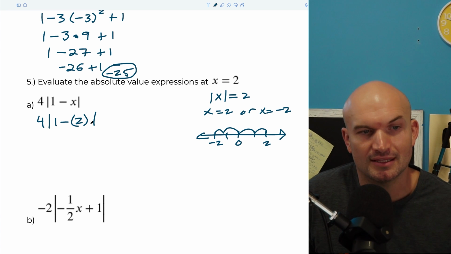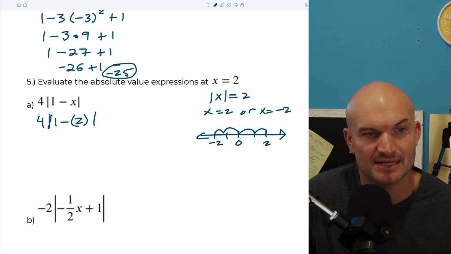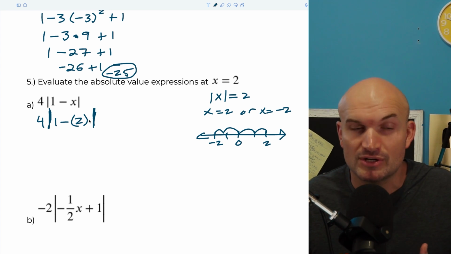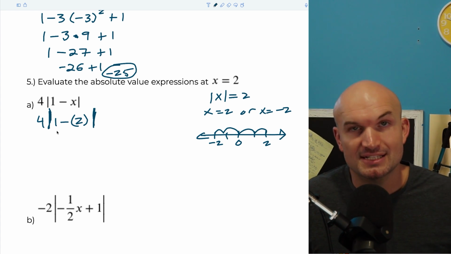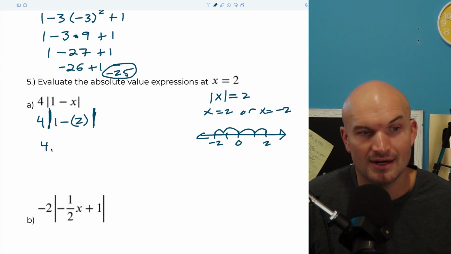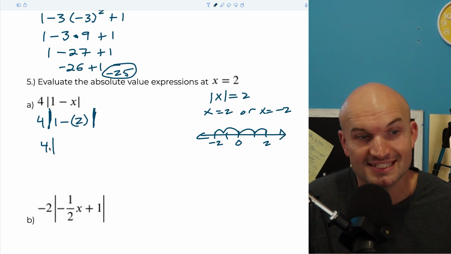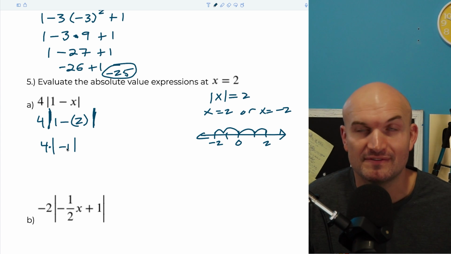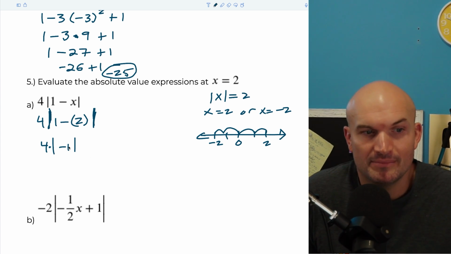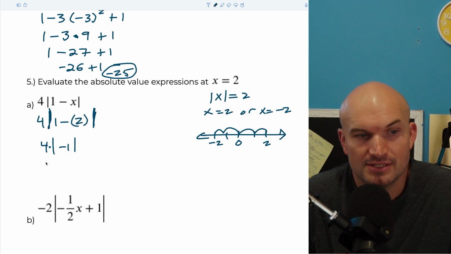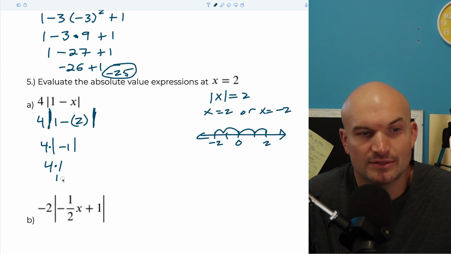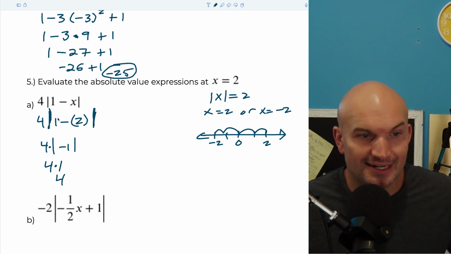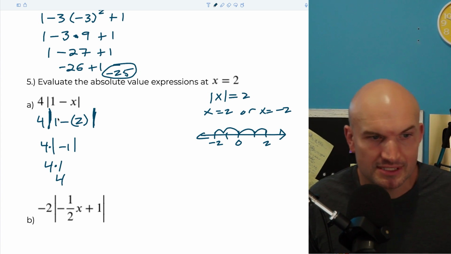Also, a lot of times our absolute values can sometimes be confused with a 1, so always make sure they're nice and distinguished here. In this case, I have 1 minus 2, which is going to be -1. So it's 4 times the absolute value of -1. And the absolute value of -1 is just going to be +1, right? Because the distance away from 0 is just going to be 1. So it's 4 times 1, which is equal to 4. And again, you can see how I'm working things out step by step here.